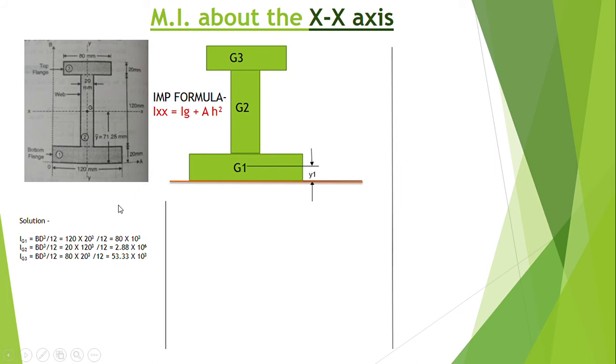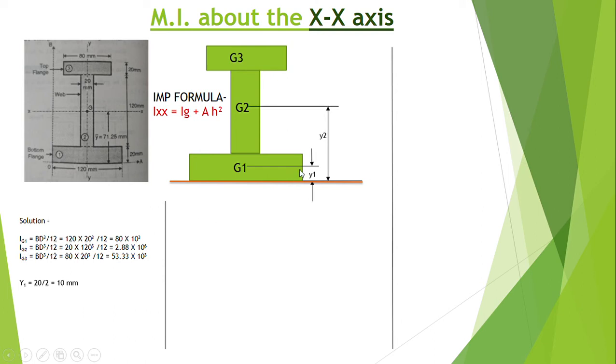Next, we will find out the distance of CG from the base, like Y1. Y1 is nothing but the distance from the base to the position of G1. It can be calculated by half of this distance, which is given as 20. So 20 by 2, it will be 10.